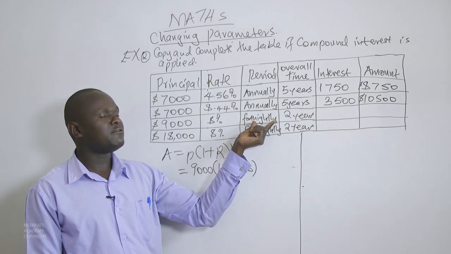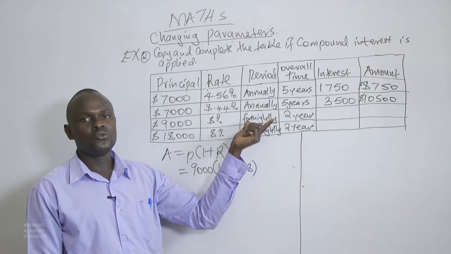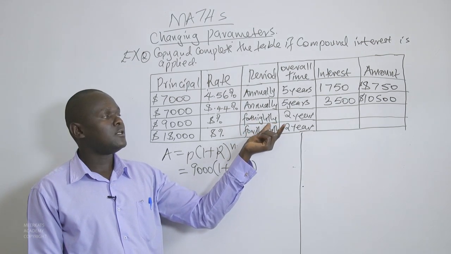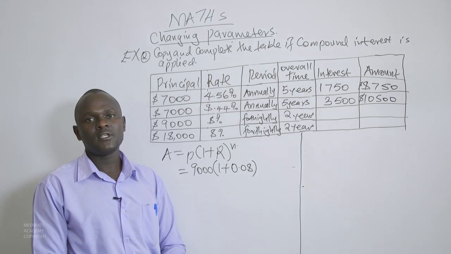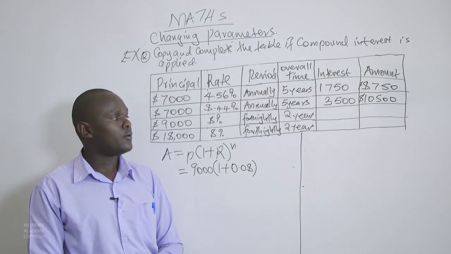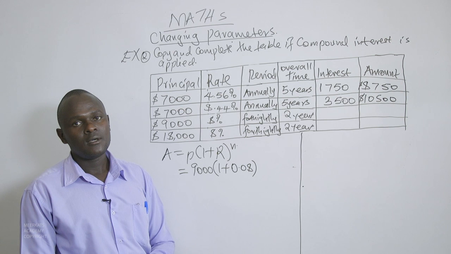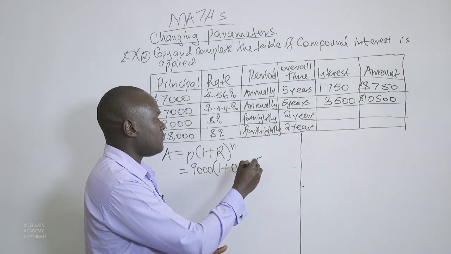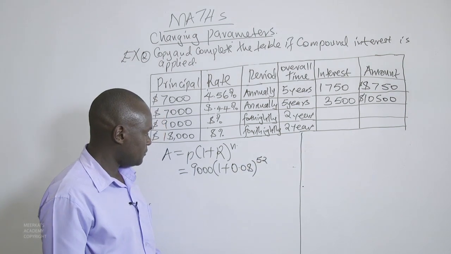It means after every 2 weeks. In a year, we have 26 fortnights, and in 2 years, how many fortnights are we going to have? We are going to have 52 fortnights, and hence those are the periods we are going to use. So we have 52 periods.